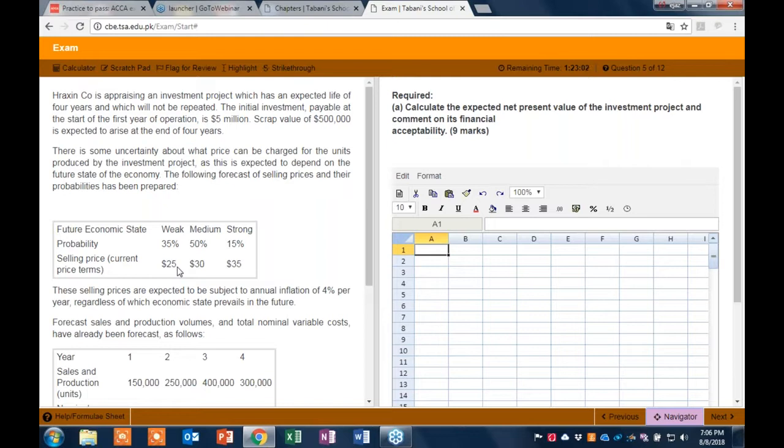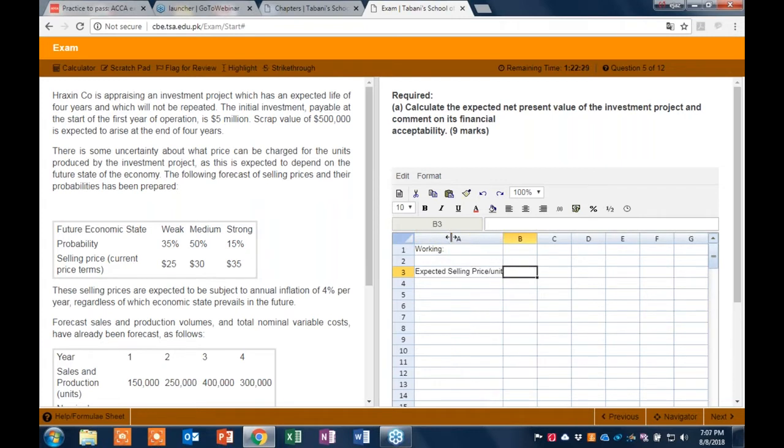So before we move towards solving the question, calculating the NPV, let's first do a small working. And this working will be for calculating the expected selling price per unit.